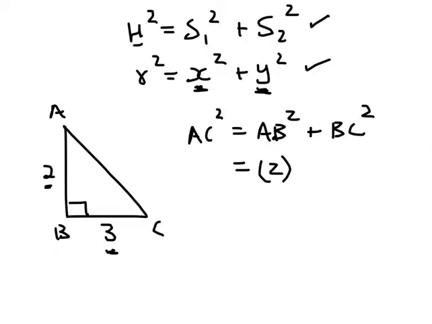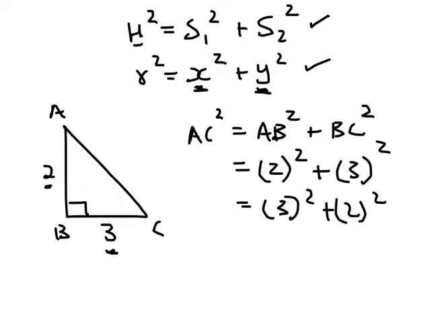Definitely side AB is 2, plus, what is side BC? Definitely that is 3. It makes no difference even if you had 3 squared plus 2 squared. It's like 2 plus 3, which is the same as 3 plus 2. I'm just giving you an example to say it doesn't matter which side you substitute and where.